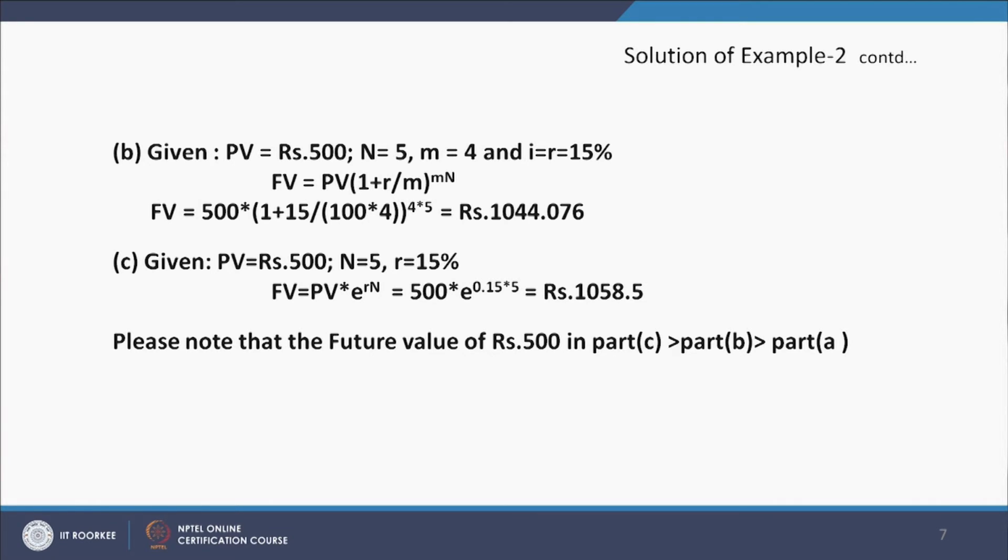Now, in part C the compounding is continuous. So, again the equation changes: PV is equal to rupees 500, n is equal to 5, r is equal to 15%. So, FV is equal to PV into e to the power rn, which is 500 into e to the power 0.15 into 5, which comes out to be 1058.5.